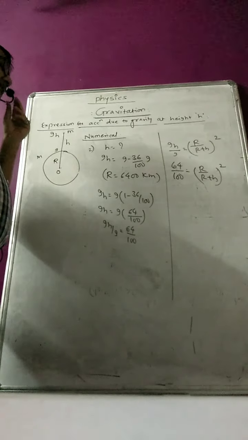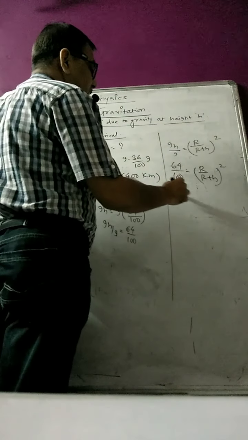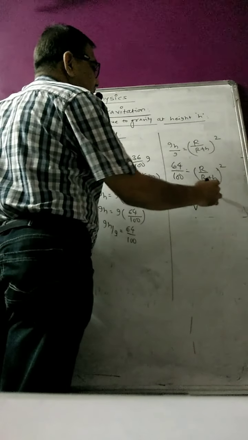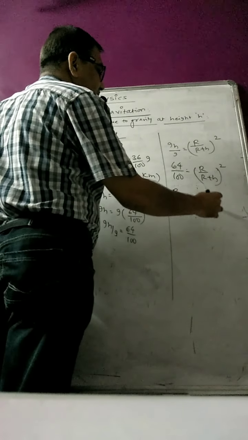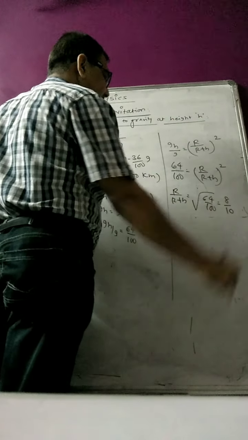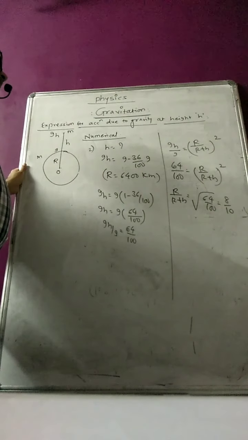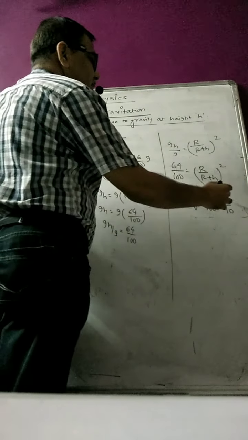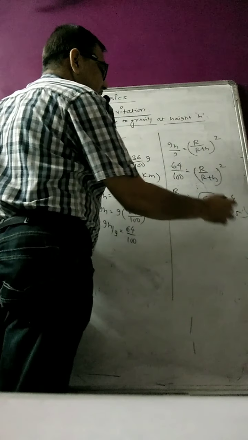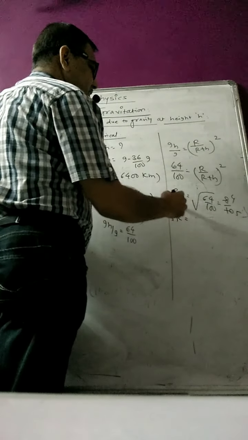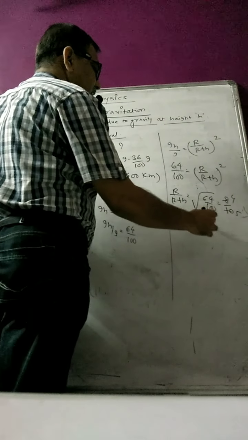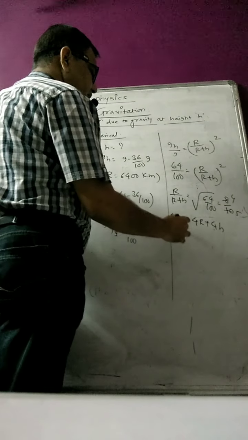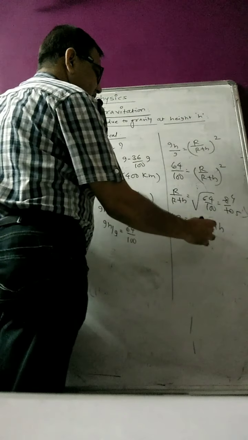Okay, so therefore r upon r plus h is equal to under root of 64 upon 100, that is 8 by 10. Once you got that 8 by 10, so now I have the r with me. So 2 4s are 8, 2 5s are 10. 5r is equal to 4r plus 4h. 5r minus 4r is equal to 4h.